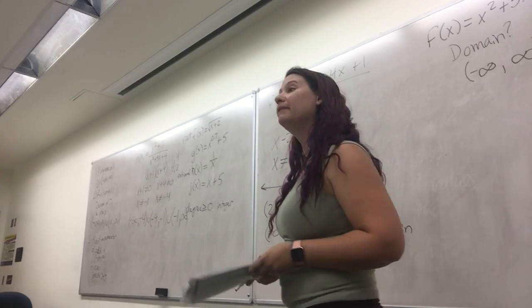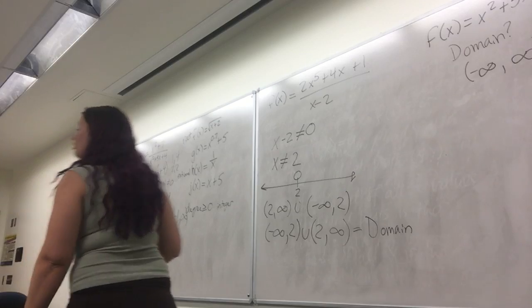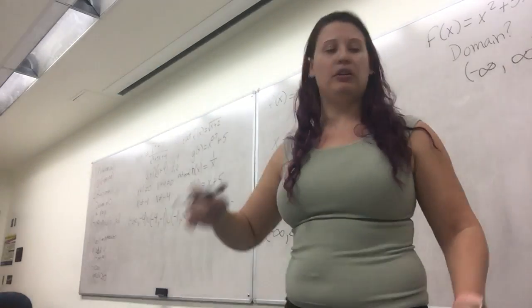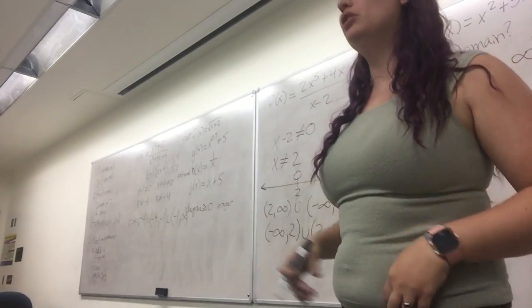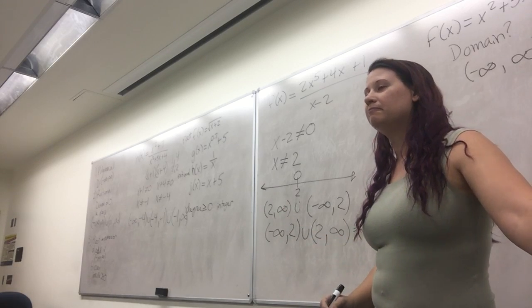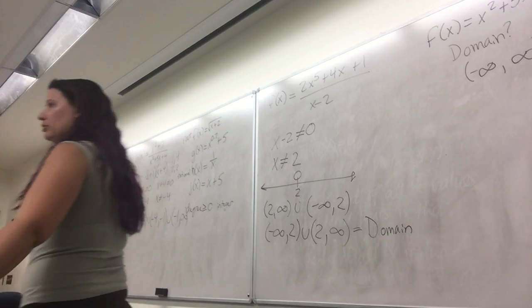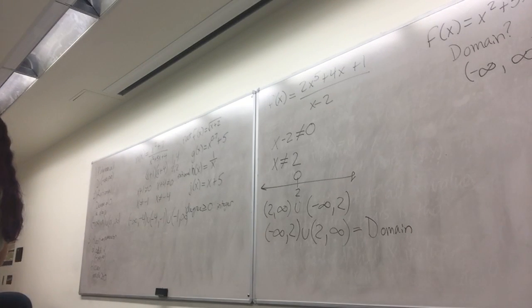Okay? So every time there's a polynomial, it's just negative infinity to infinity. Well, think of a polynomial. Just any polynomial. x. Anything with x kind of thing, right? x cubed. Is there anything we can't plug into that? No, it's all good. x to the 10th plus 7x to the 9th plus, right?